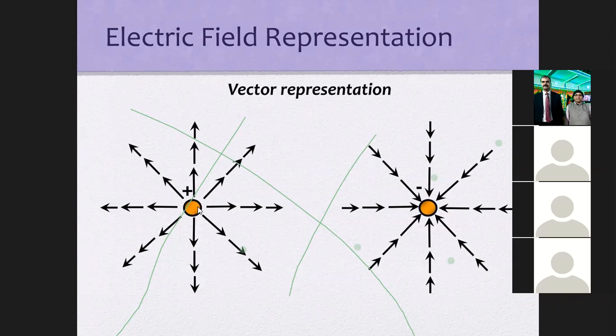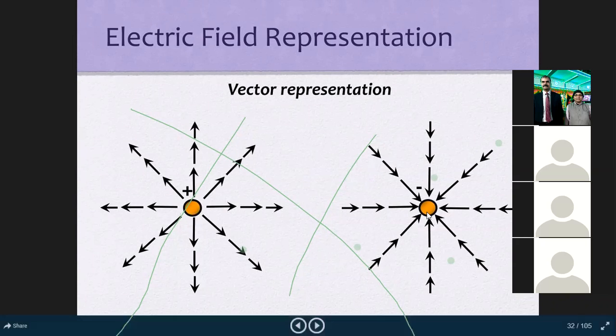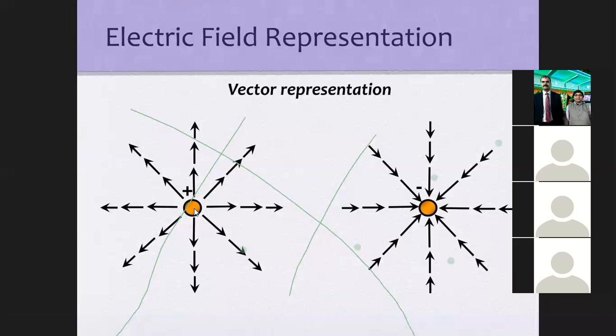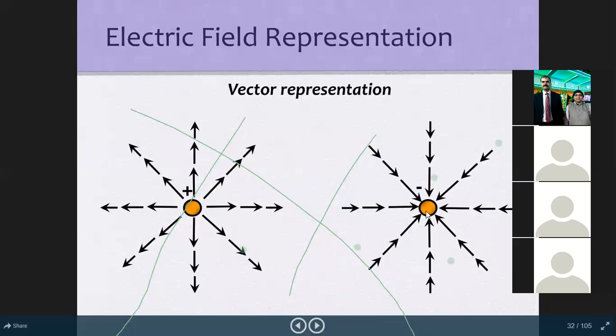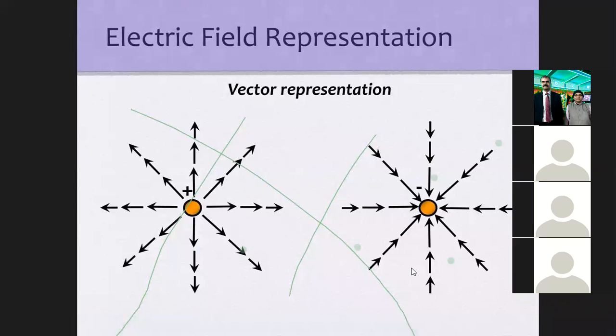On the other hand, in the case of a negative point charge, electric field lines appear to converge onto the point charge itself. In the case of a positive point charge, field lines diverge out, and in the case of a negative point charge, they converge onto the point charge. Okay.